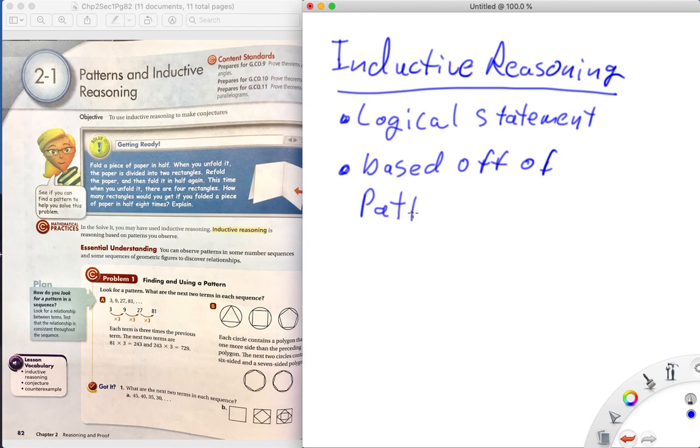Based off of patterns you observe. That is inductive reasoning.